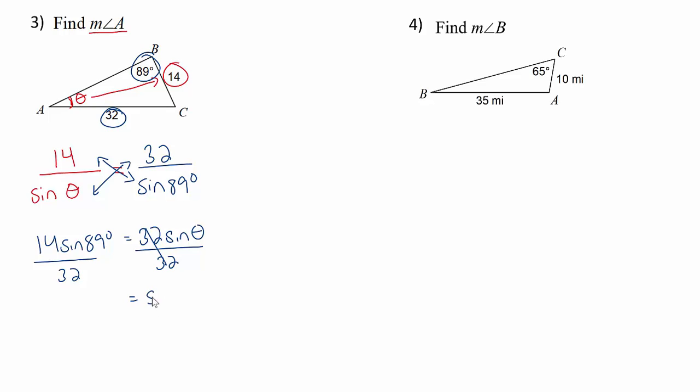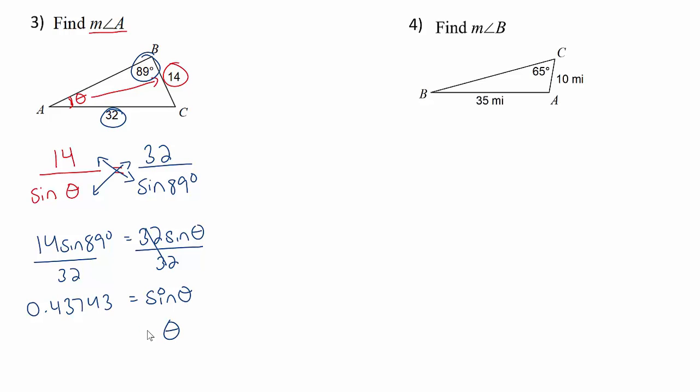And what I have so far is the sine of theta on this side, which is equal to what we get when we do this math in our calculator carefully. And when we do that, we actually get 0.43743, and then there's some other digits here. But remember, we learned this last time in our last lesson. We want to solve for theta.